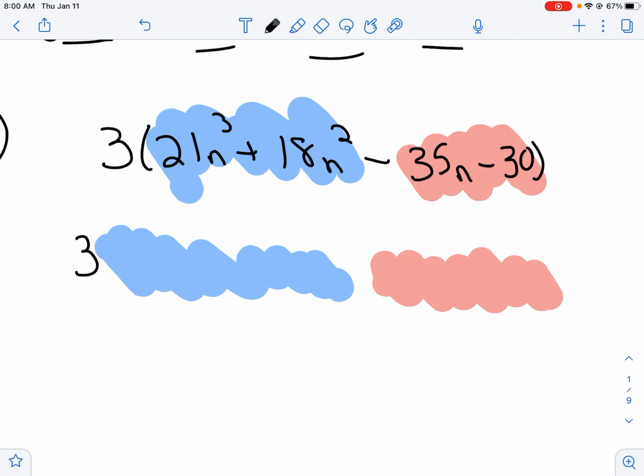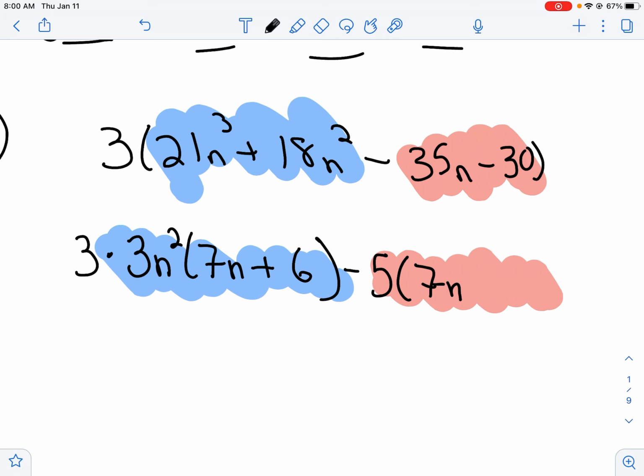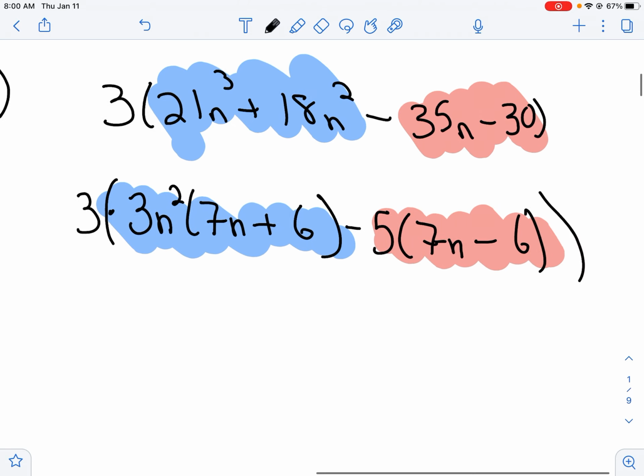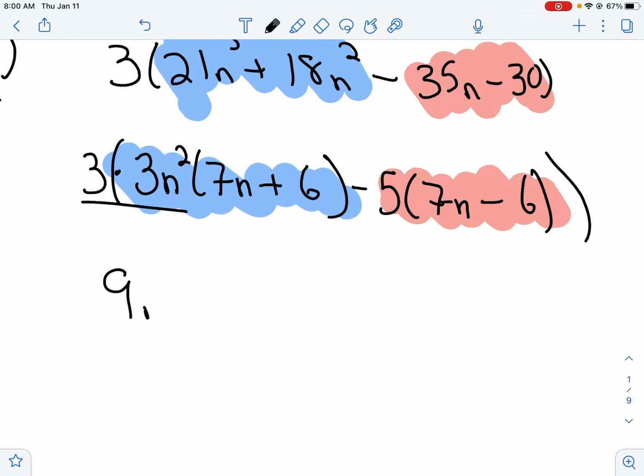So you got a 3, and then for this one, you could pull out another 3n squared, and then you get 7n plus 6 right there, and then over here you get minus 5, and then you get 7n plus 6. Yeah, the 3 has to stay on the outside.